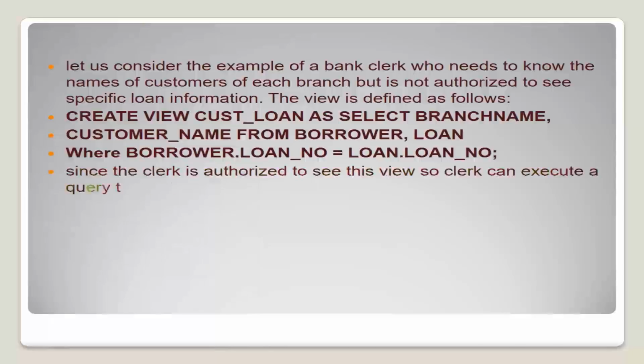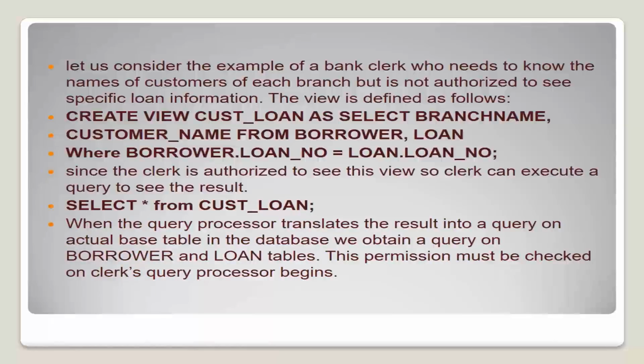Since the clerk is authorized to see this view, the clerk can execute a query to see the result: select * from customer_loan. When the query processor translates the result into a query on the actual base tables in the database, we obtain a query on the borrower and loan tables. This permission must be checked before the clerk's query processing begins.